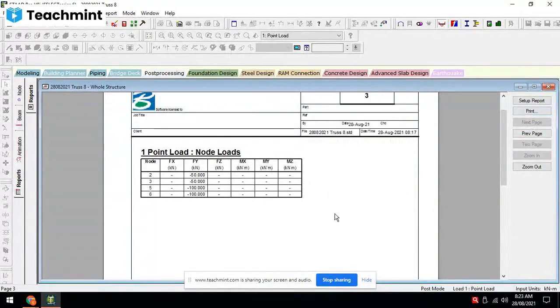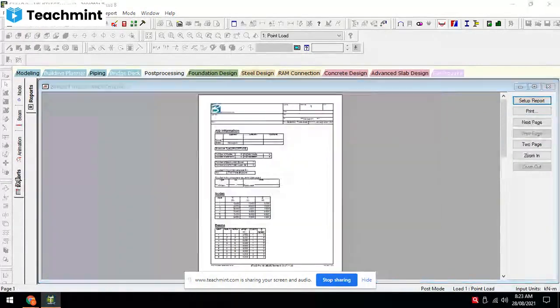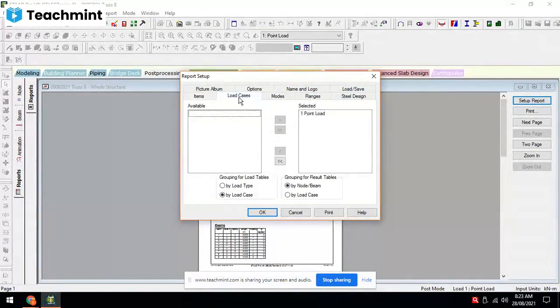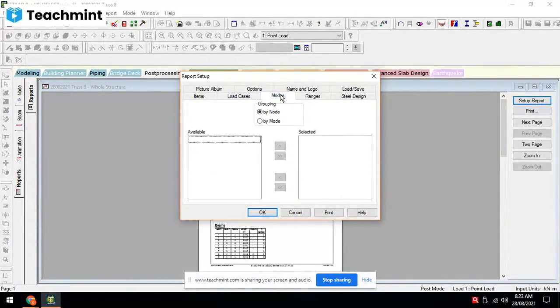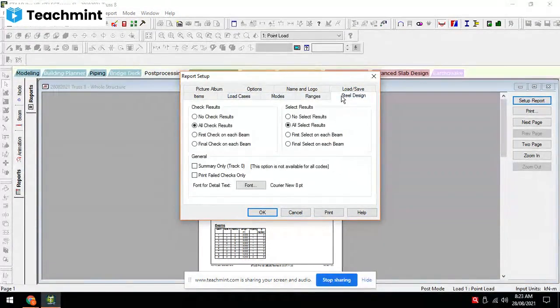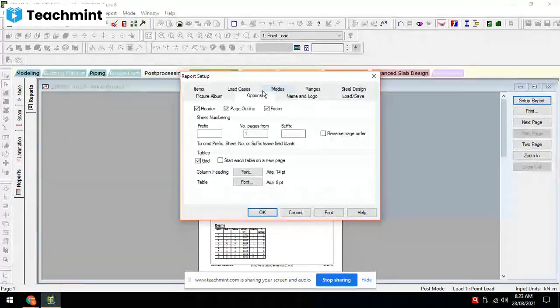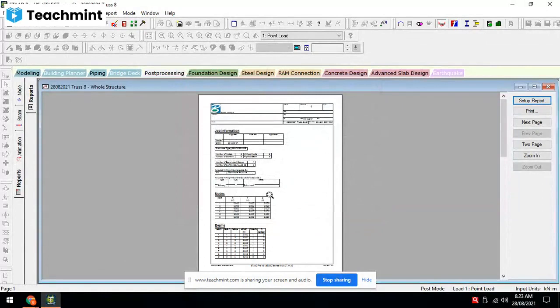This is the input. Steel design is also there, but we will not be doing the design. After the design, it will give the design result also. So click on the report, and the report will be generated.